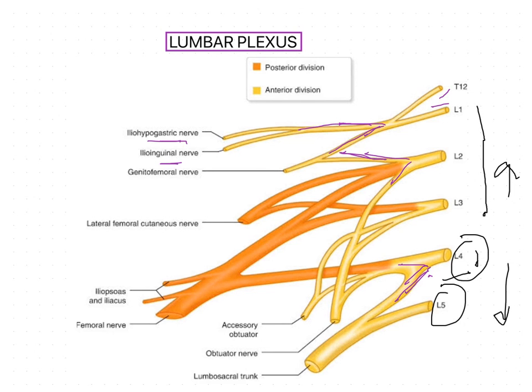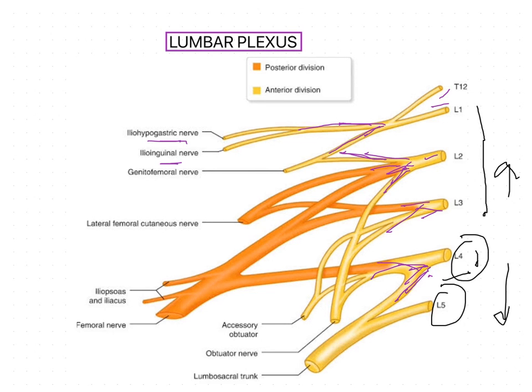If you see the larger divisions of L2 and L3 entire and L4, they split into dorsal and ventral branches. So you can see the dorsal and ventral branches here.